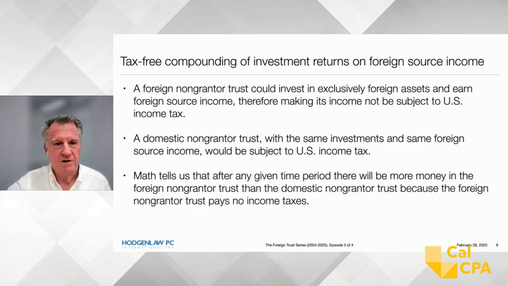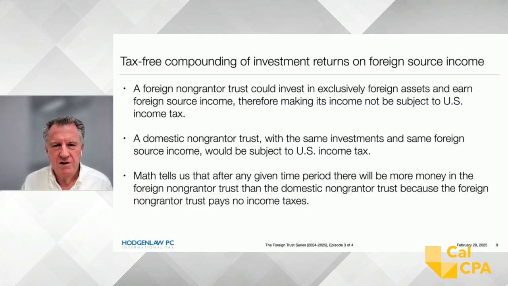There's no tax, right? So the same thing for a foreign non-grantor trust. As long as they earn income outside the United States, there's no U.S. income tax. And simple math, compounding rates of return say it's better to not have tax than to have it, so you're going to make more money.